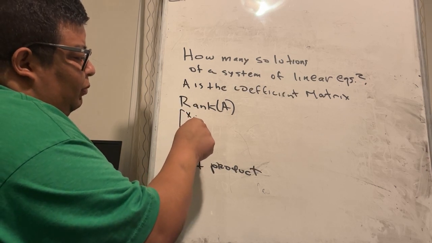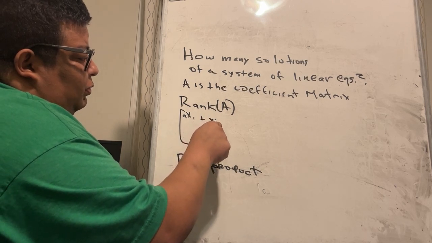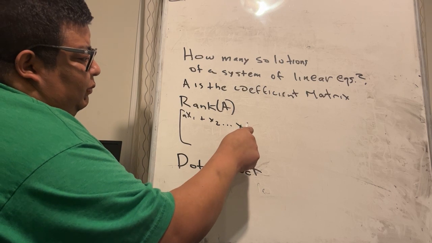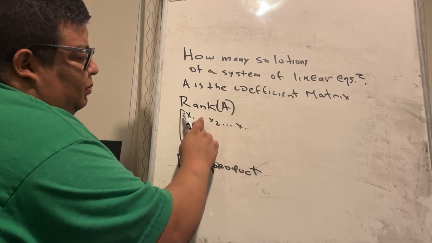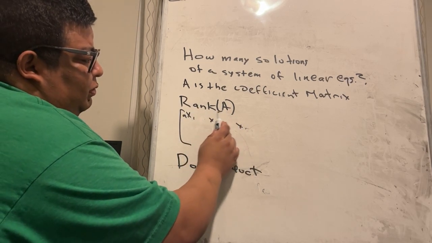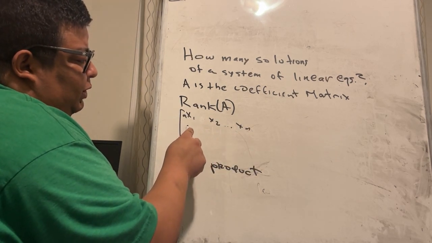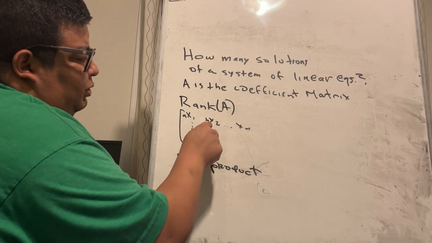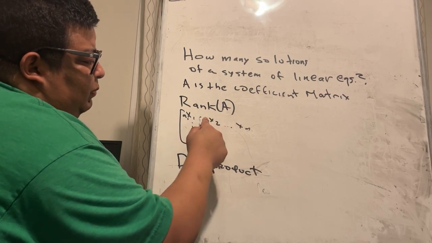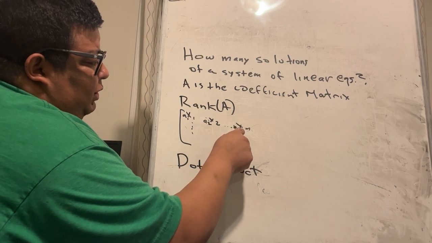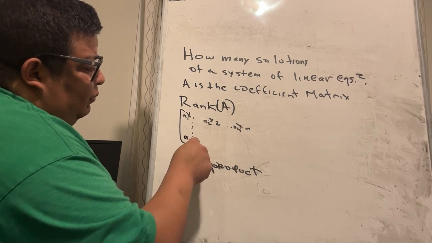A times x1, x2, all the way to xm, and you have b1, b2, bm.